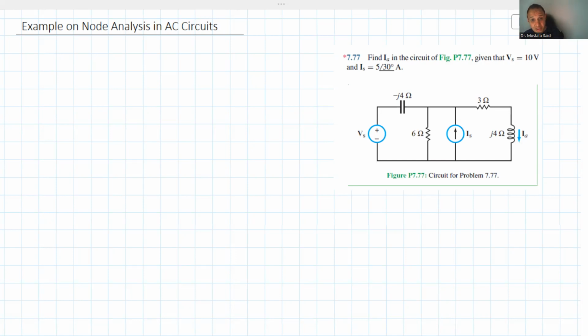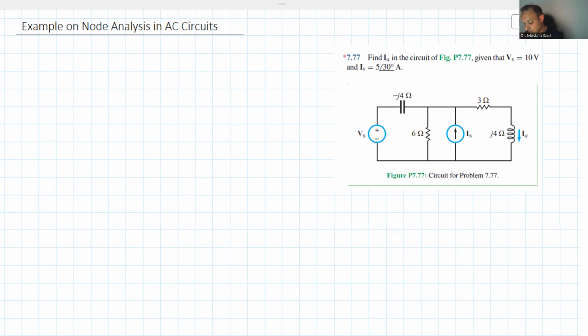When I say an AC circuit, it's a circuit that either has an AC source, a variable source like a sinusoidal source, or has an inductor or a capacitor, or both. This is an example that you see on the screen here from our book.